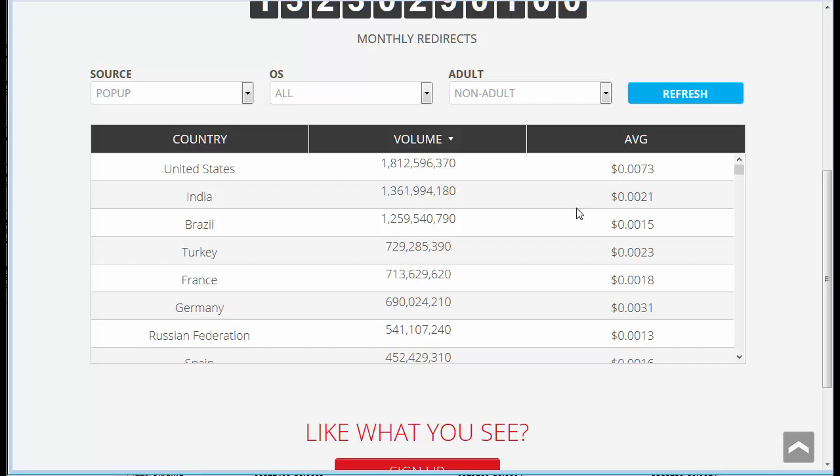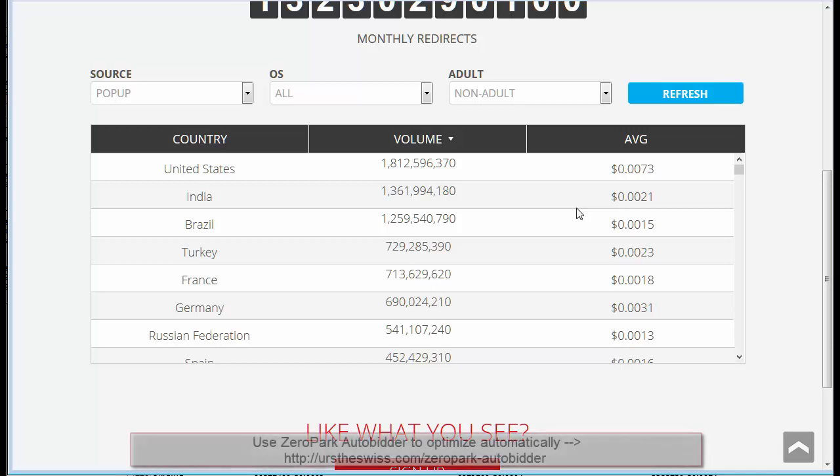If ZeroPark has to decide whether to give the traffic to you at 0.0002 or to a run on campaign that pays 0.0073, you understand that you're probably not going to make the view. Therefore, in my opinion, and I have done some research on that and found that the numbers do play along quite accurately actually, if I put my minimal price at around this bidding price, a little bit below that actually, then I have a good chance of getting the traffic that otherwise would go to a run on campaign, if it is my keyword, into my campaign.